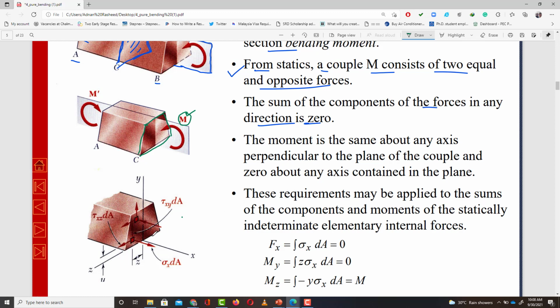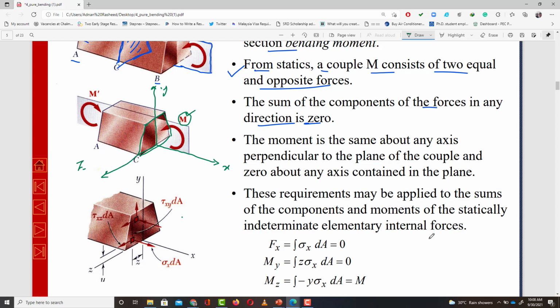Clear? Now let me recall: this is the x-axis, this is your y-axis, and this is your z-axis.